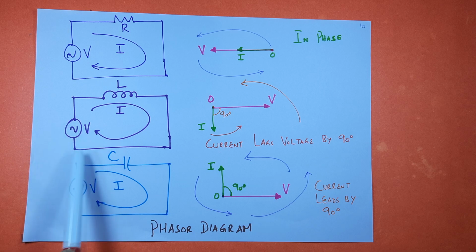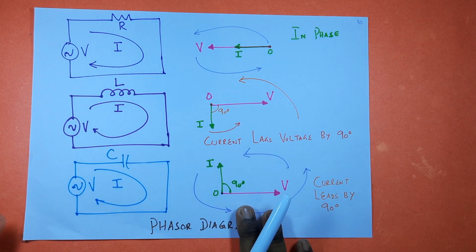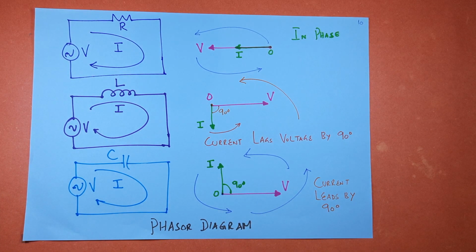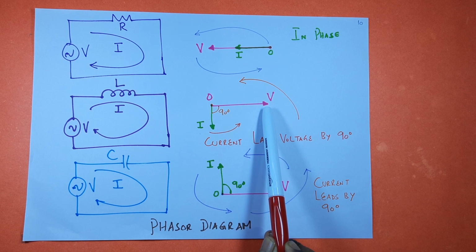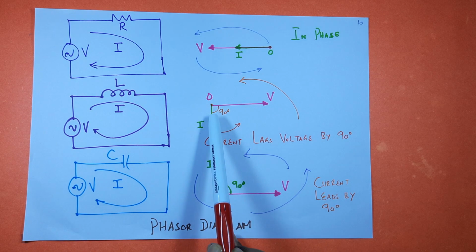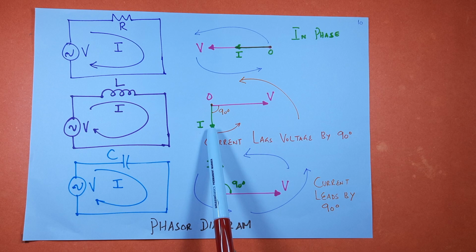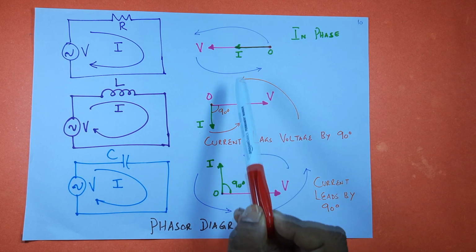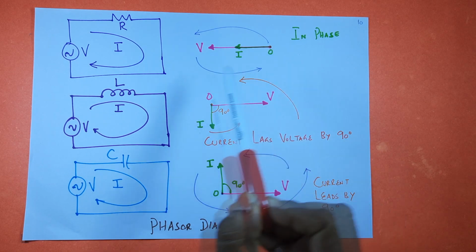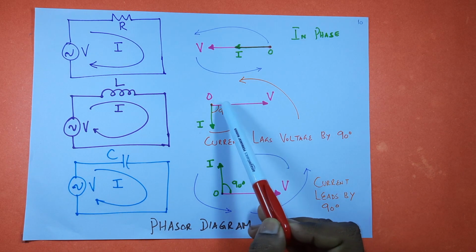Next, consider a voltage source and one inductor. V is the voltage, I is the current. You have only a pure inductor. The phasor diagram will be like this. Suppose this is your voltage, and this is point 0. Current will be after that. Suppose this phasor is rotating in the anti-clockwise direction.